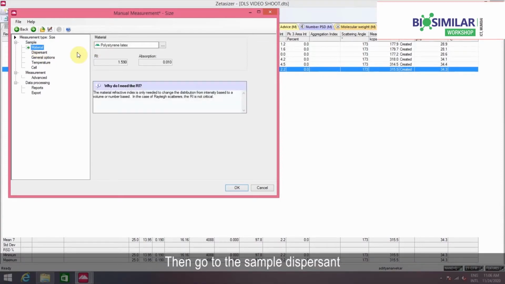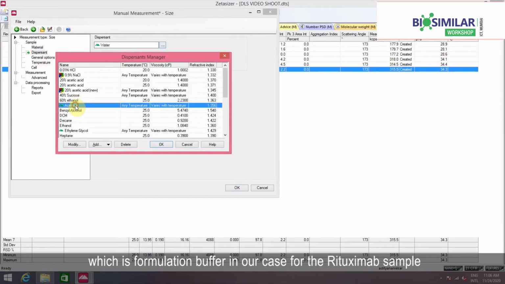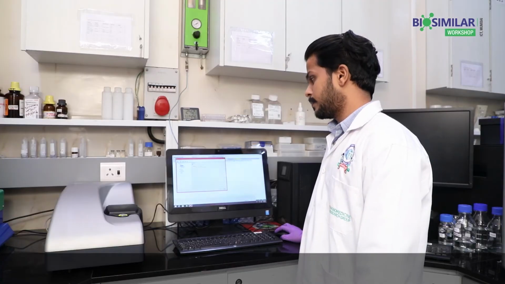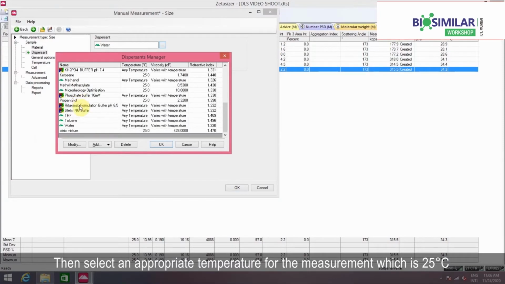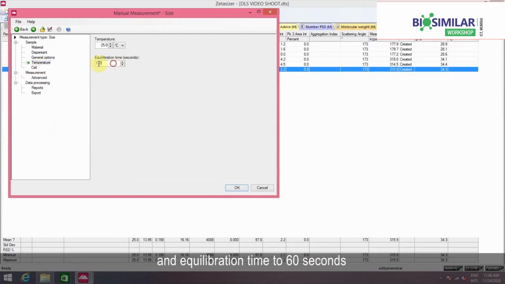Then go to the sample dispersant, which is formulation buffer in our case for the rituximab sample. Then select an appropriate temperature for the measurement, which is 25 degrees Celsius, and equilibration time to 60 seconds.